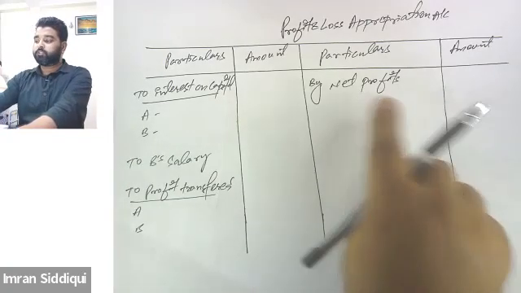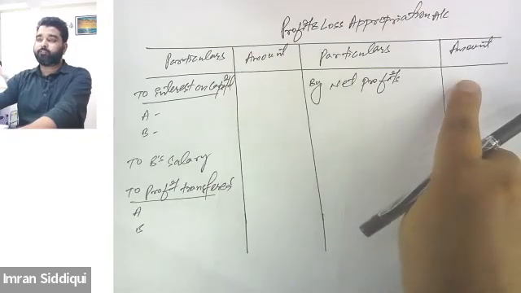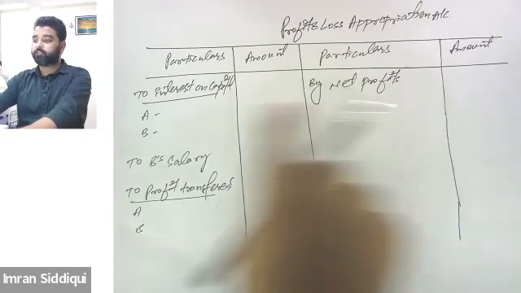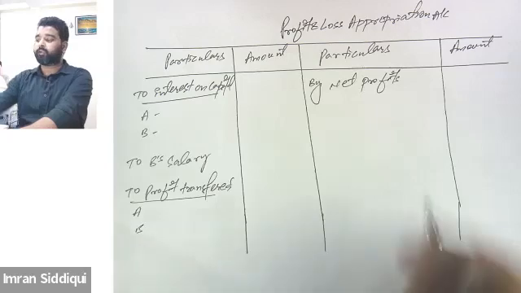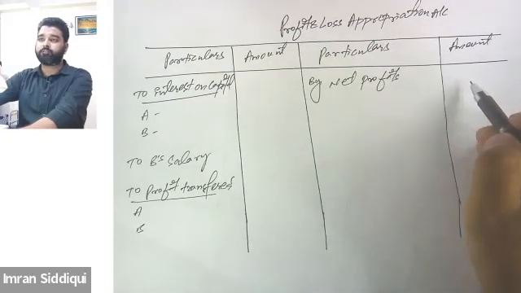So we write down the value of the profit after charging all the indirect expenses like the salary of the employee, wages, and everything. Similarly, we will write down the value of the profit after charging the manager's commission.